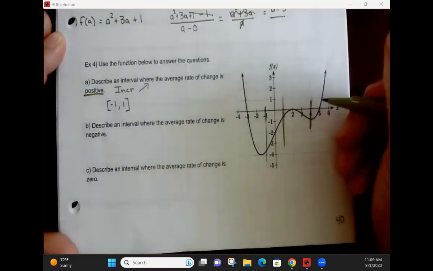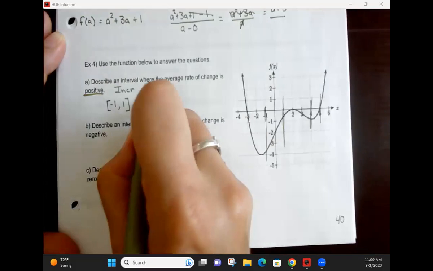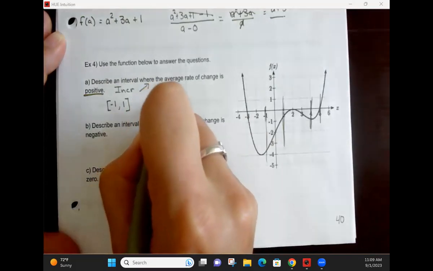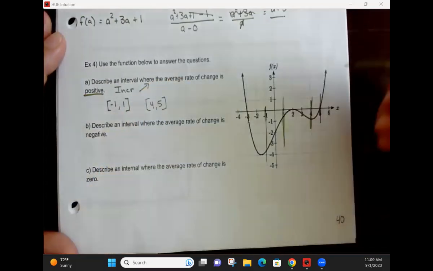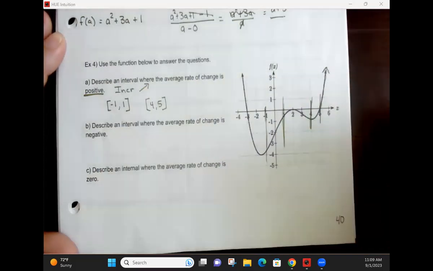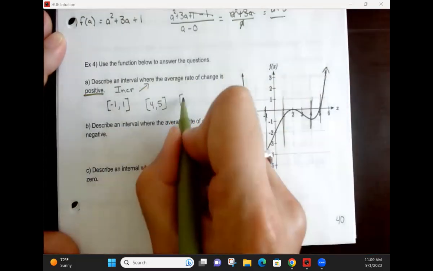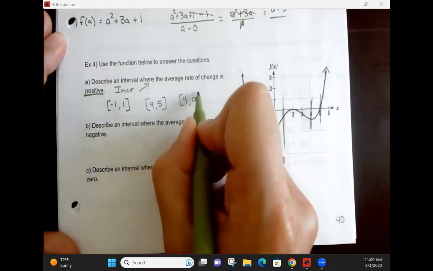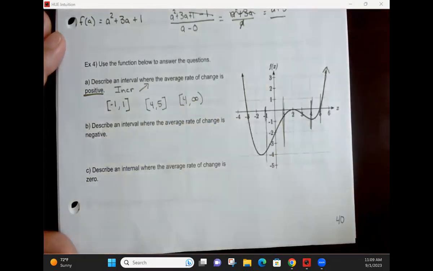From 4 to 5, sure thing. It also continues to be positive for the rest of my function. So I could even expand that and say from 4 for the rest of the graph, right? From 4 to infinity.